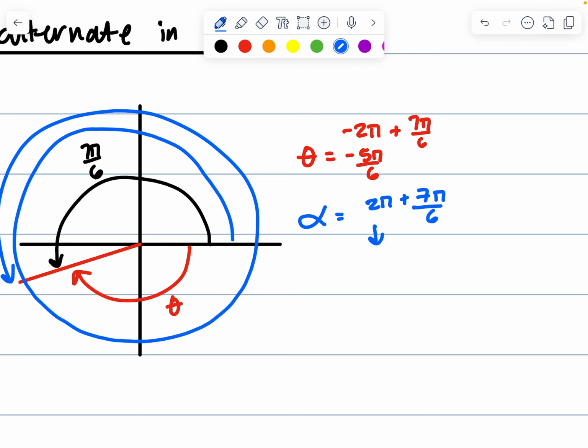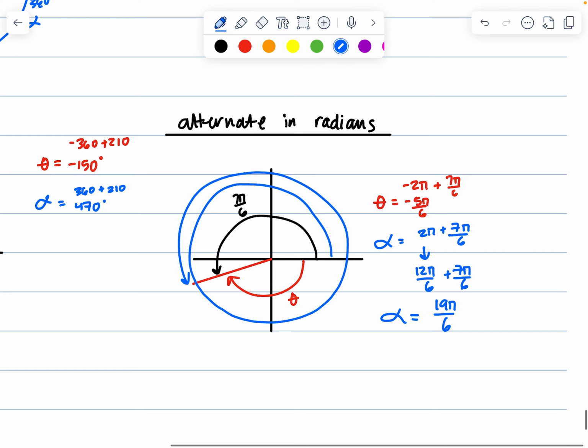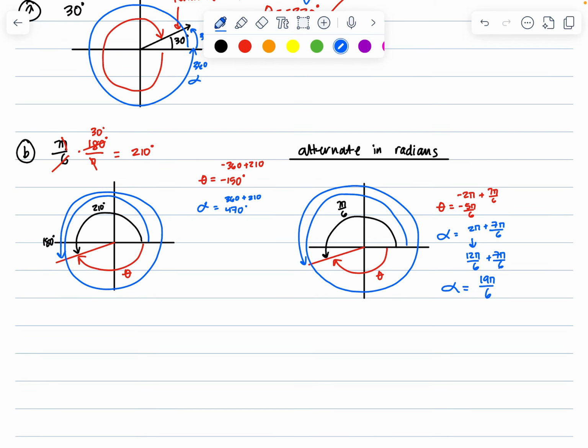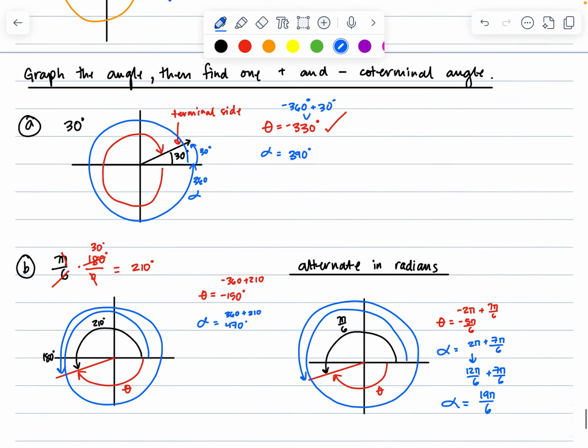We could convert this. 2 pi, and we need a denominator of 6. So it would be 12 pi over 6 plus 7 pi over 6, which is 19 pi over 6. So this would be the positive version of this. Okay, so essentially that's all this really is.